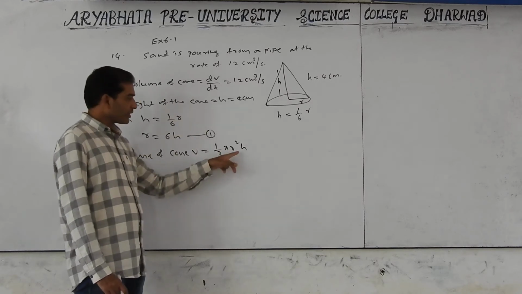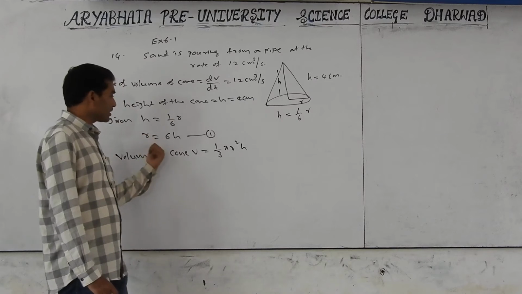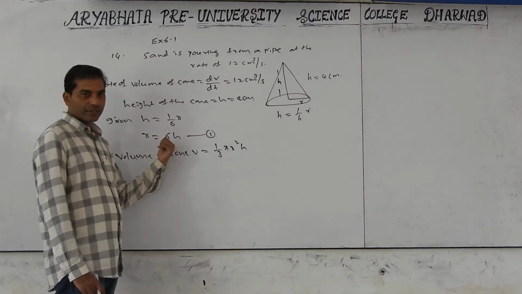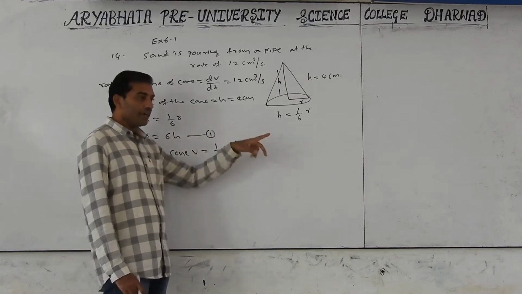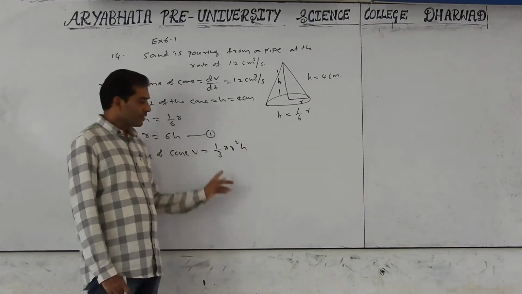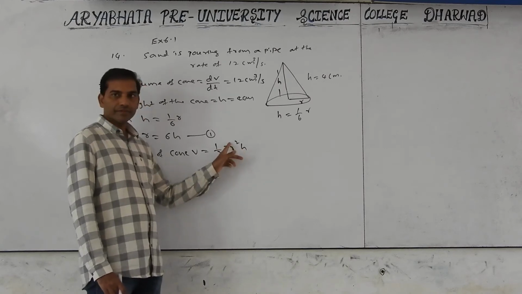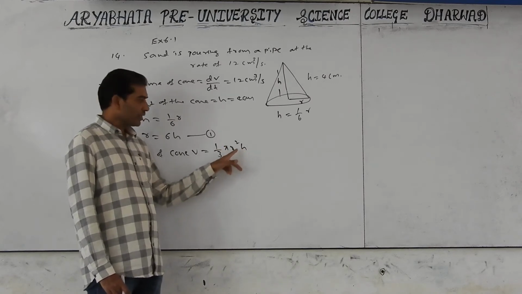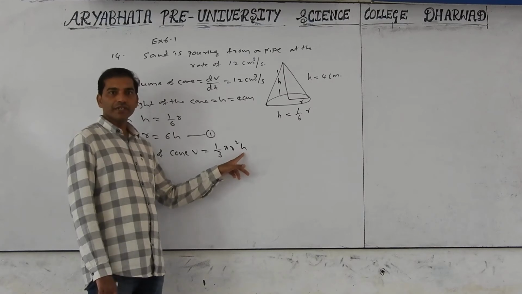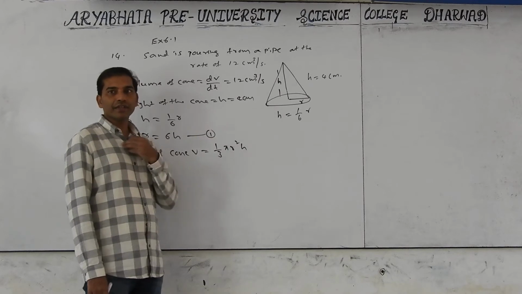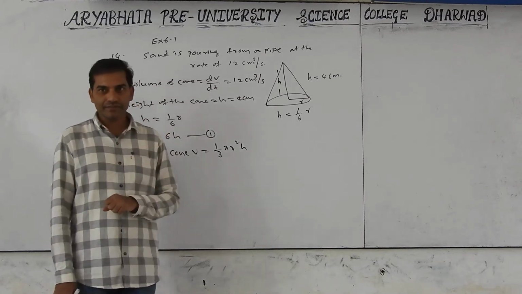To make the single variable, use this condition. That's why they give a condition. Are you following? Otherwise you will get dr by dt and dh by dt both. When you differentiate here, u into v, both are variables. r square and h: derivative is r square into dh by dt plus h into 2r into dr by dt. But they have not given dr by dt.